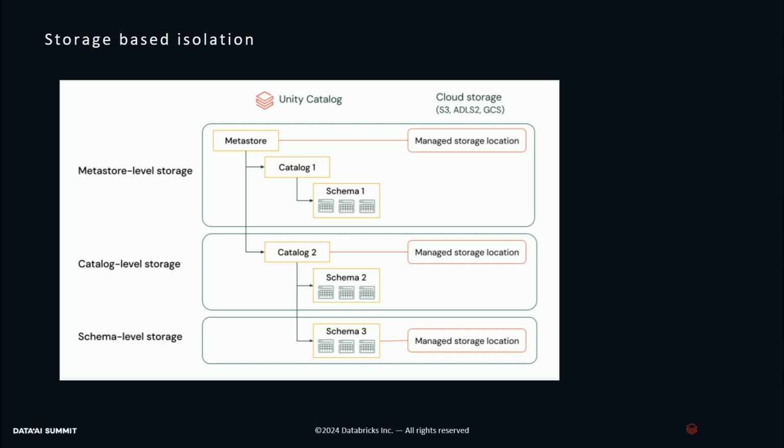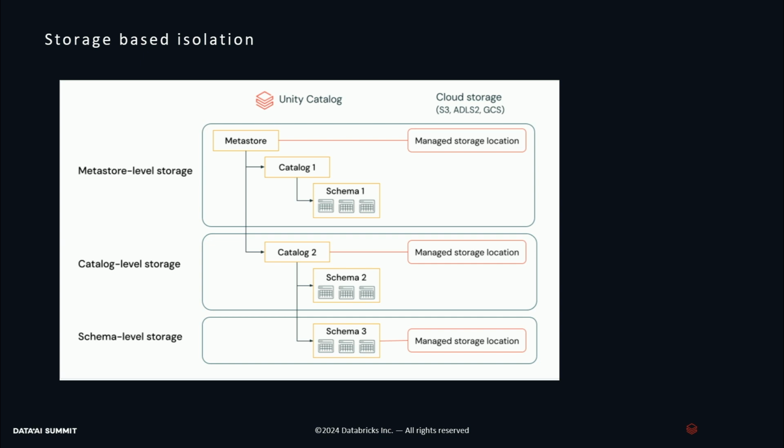So for example, if a new table gets created by a user, Unity Catalog will determine if the storage location is assigned at the schema level at the bottom. If it's there, it is going to just go and store it there. If not, it will check for the catalog, and if it's not there as well, then it will just go and save it on the metastore level, which is like a dedicated centralized location for storage.